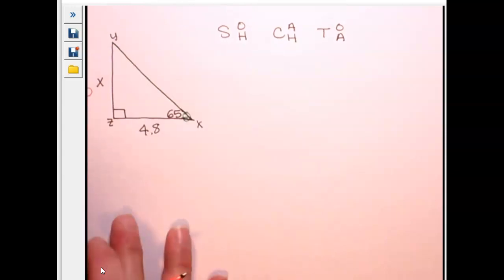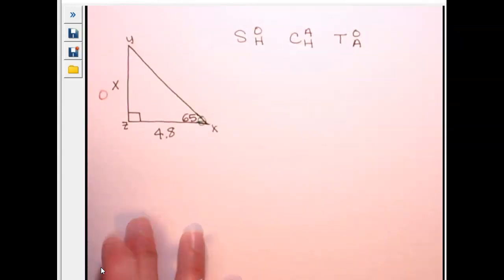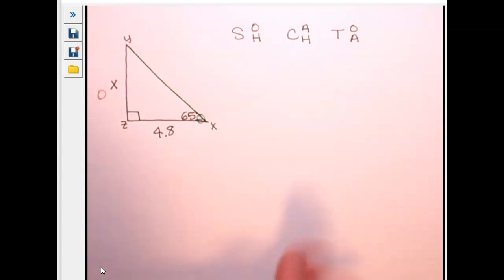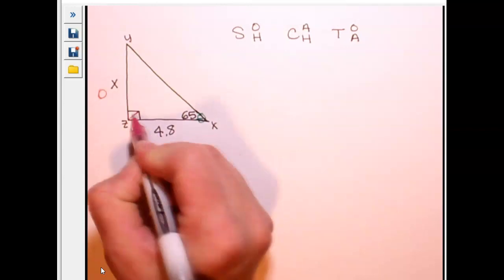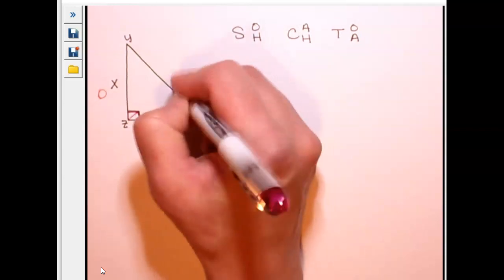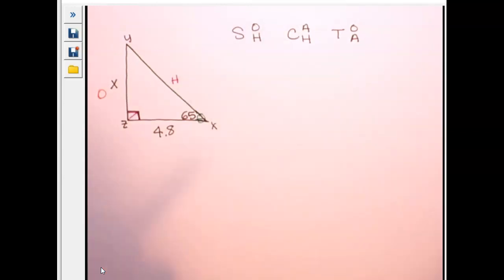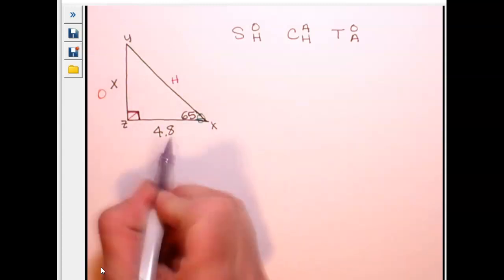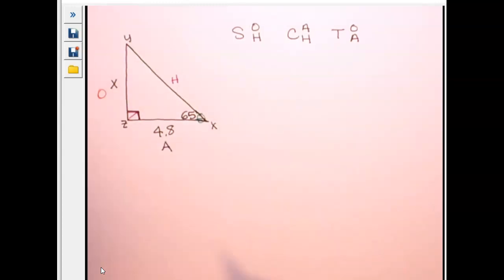So, whoops, set this over a little bit. There's our opposite side. Okay, always opposite from the 90-degree angle. There's our hypotenuse, and that leaves the 4.8 in this case as our adjacent.